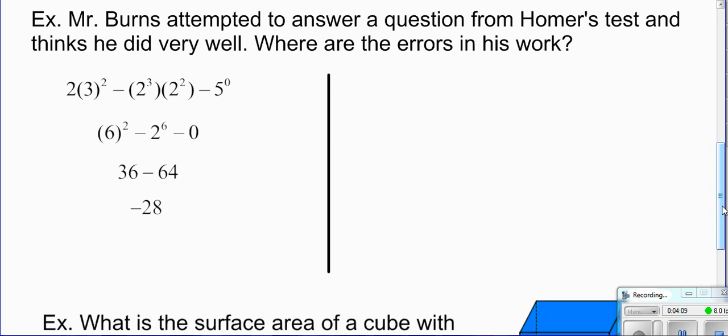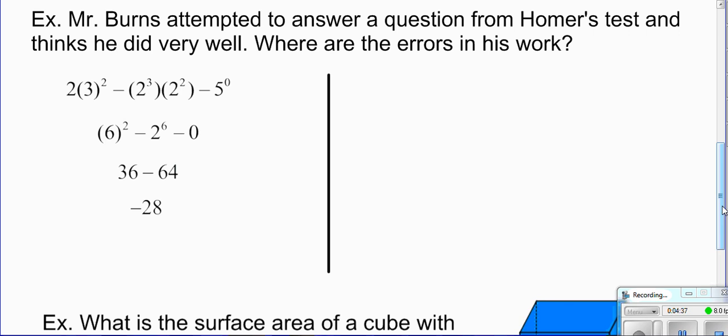Okay, Mr. Burns, yeah, good old Mr. Burns, attempted to answer a question from Homer's test and thinks he did very well. However, he has made several errors. So on a question like this, when it says, here is somebody's work, I want you to fix it, I think the best idea for you is to rewrite the question and try solving it on your own, and then go back and compare.